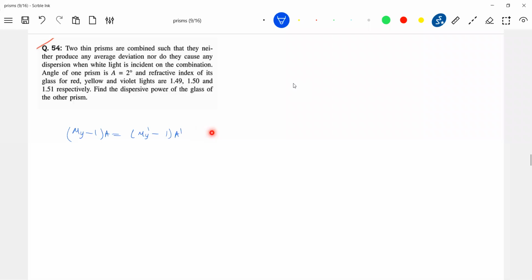For net deviation 0, let me write the symbol. Therefore, mu y minus 1 A equals, keep it here now. So that's equation 1.